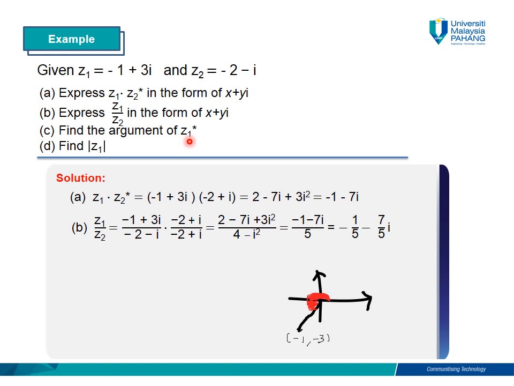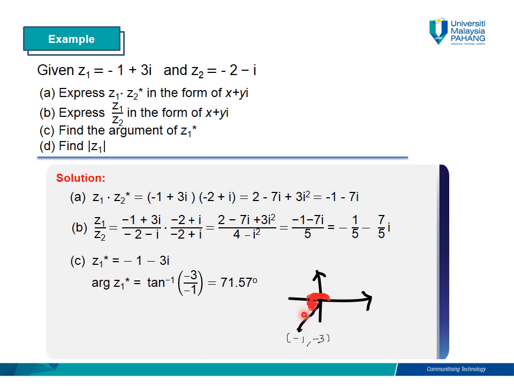Argument of z1 conjugate. Okay, first change this one into conjugate. So -1 minus 3i. Okay, and then you find the argument of the z1 conjugate. As usual, you need to draw so that you know what is the value for the theta.